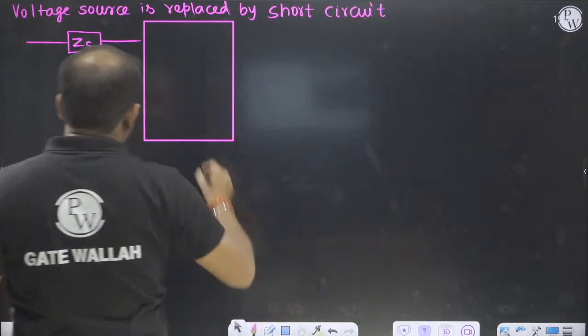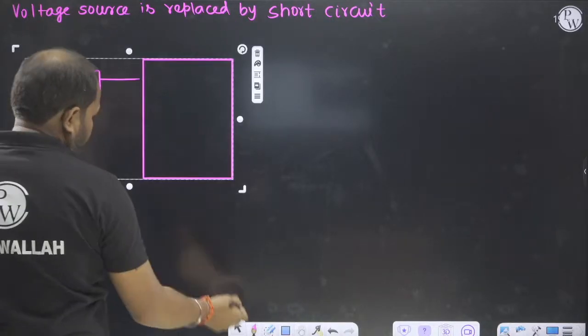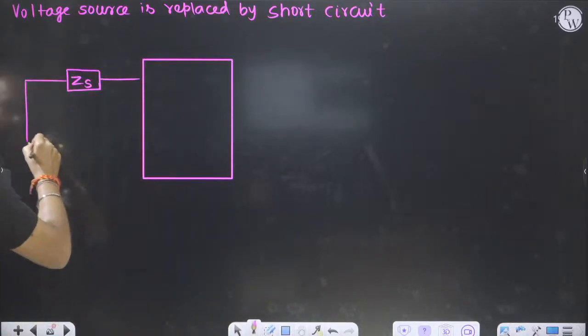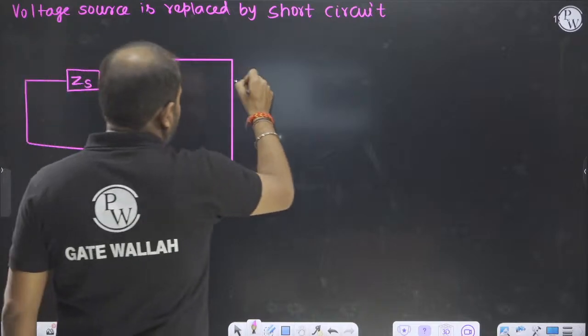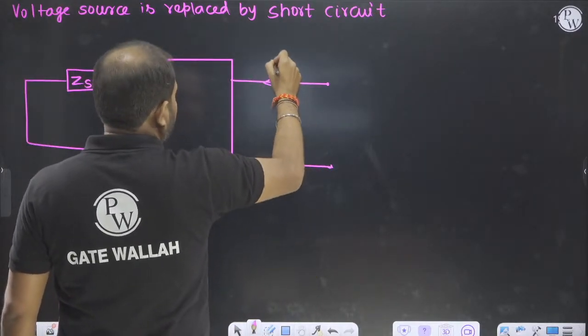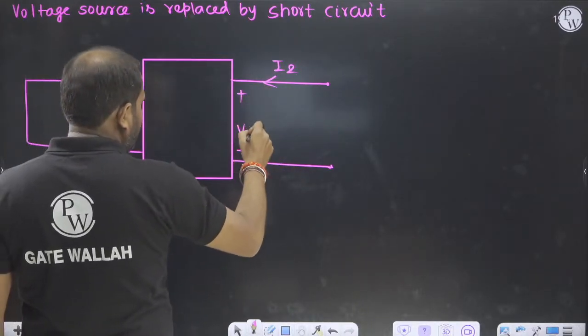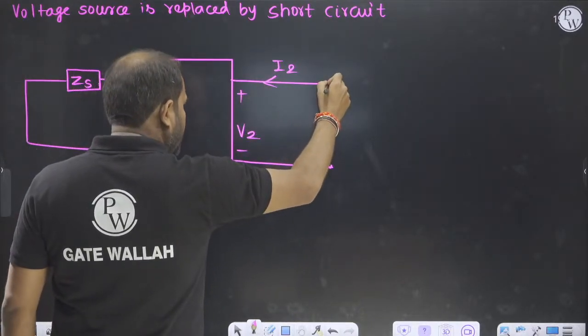It will be replaced by short circuit, and this is I2. I2 will not be equal to 0. This is V2, and V2 is not equal to VTH.